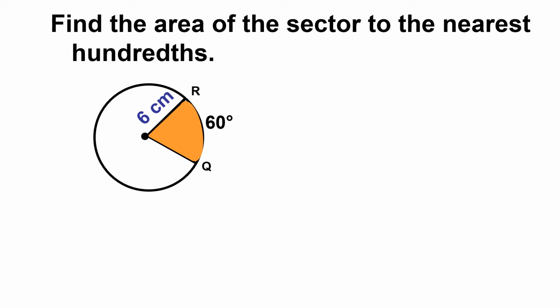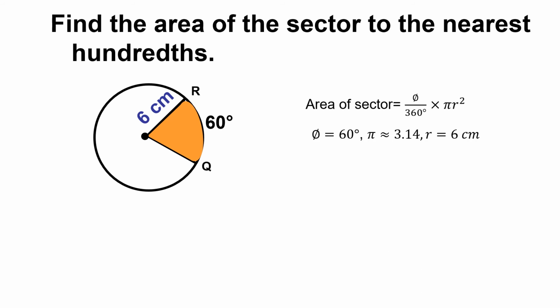Find the area of the sector to the nearest hundredths. We know that to calculate the area of a sector of any circle, we use theta divided by 360 degrees multiplied by pi r squared. We also know that theta is 60 degrees. An approximate value of pi we are using is 3.14 and our radius is 6 centimeters.